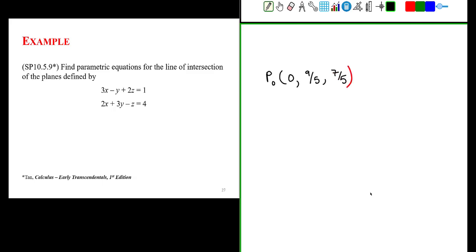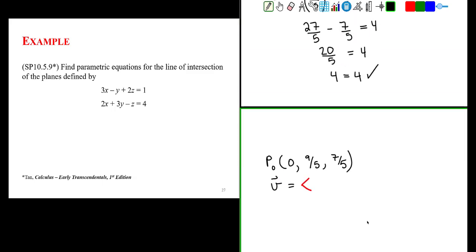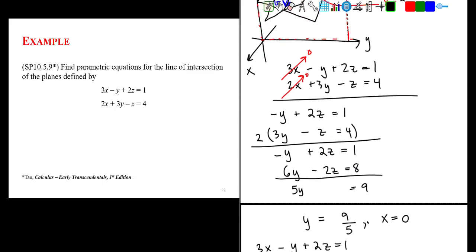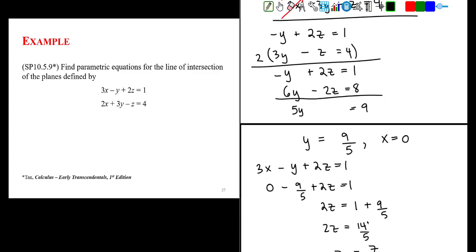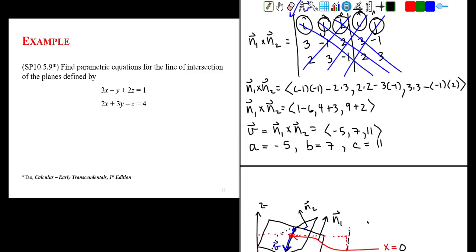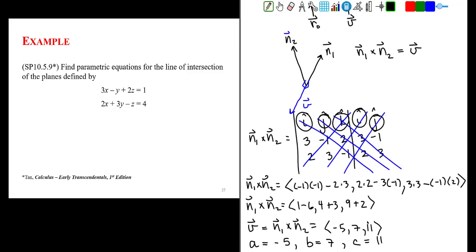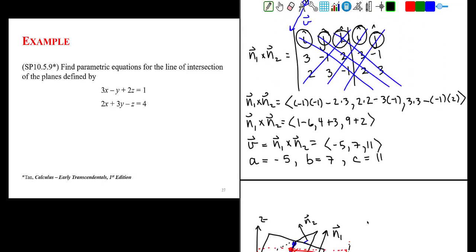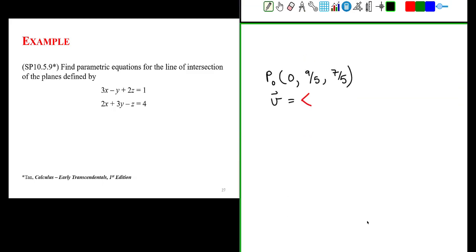Now we have enough information to determine a parametric set of equations of the line of intersection between both planes. Remember, the vector parallel to both planes has components -5, 7, and 11.